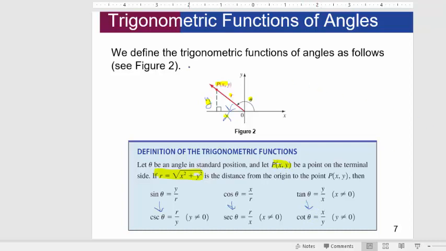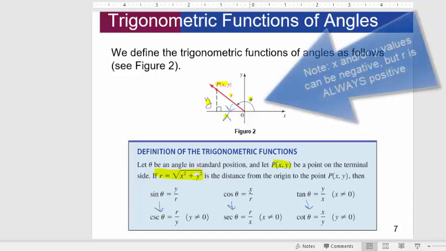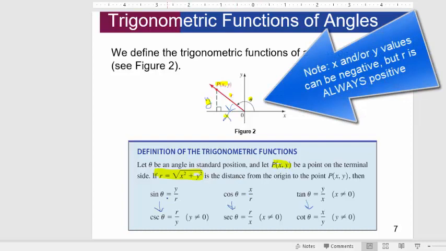All right. So in this particular instance here, since x is negative, that would mean that the cosine is going to be negative because cosine involves the x value, right? So cosine is going to be negative. Sine is going to be positive. Tangent is going to be negative because tangent involves the x value.